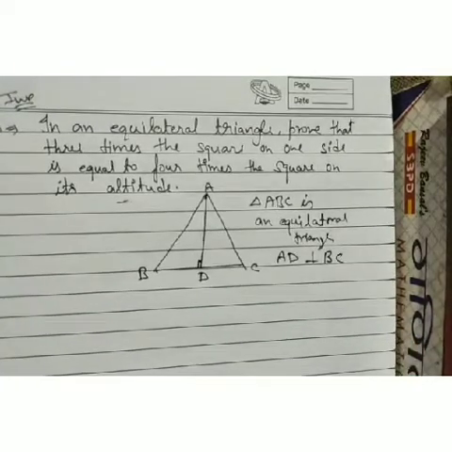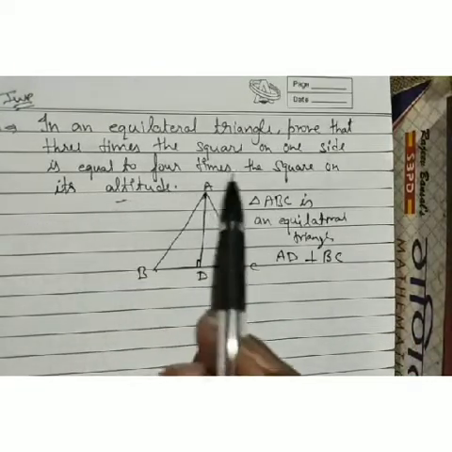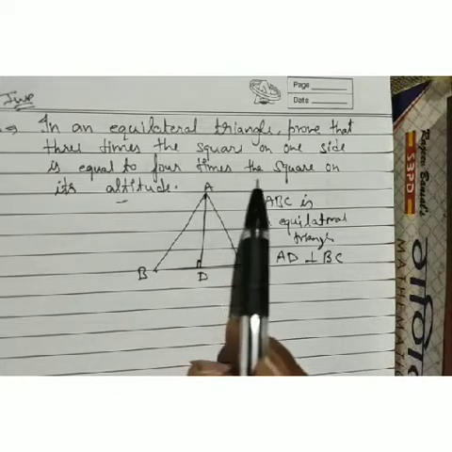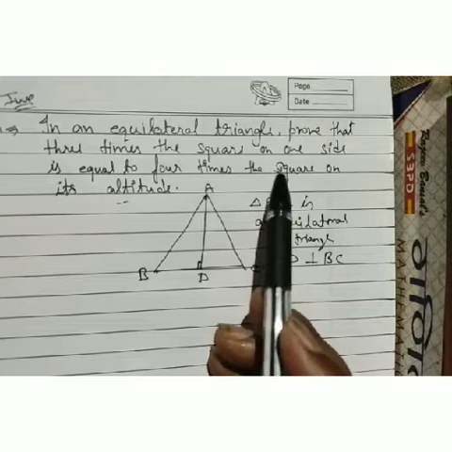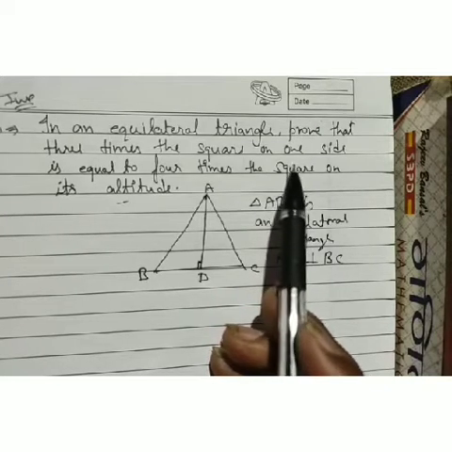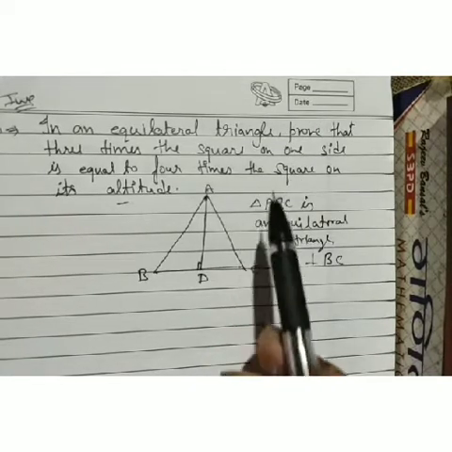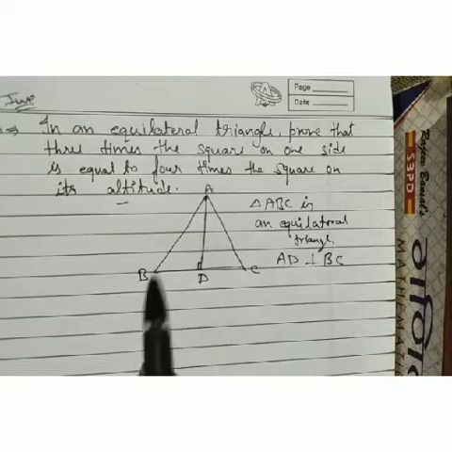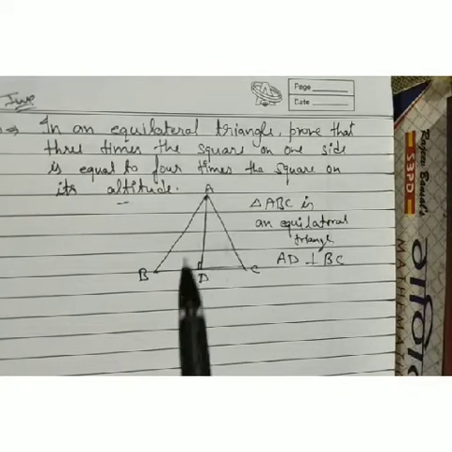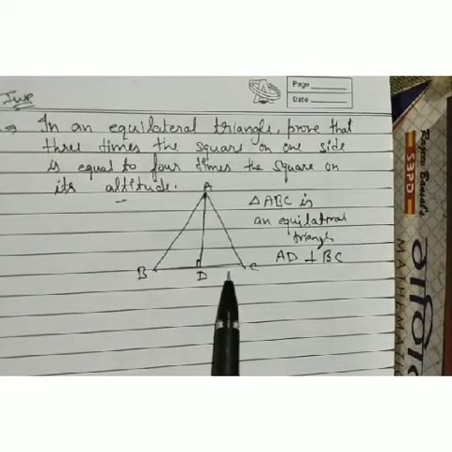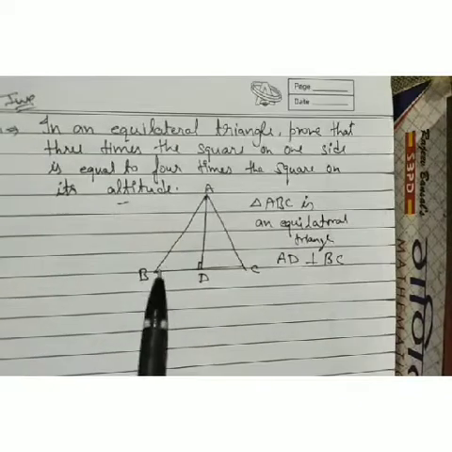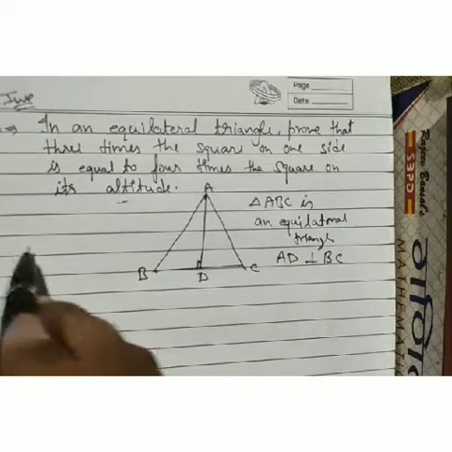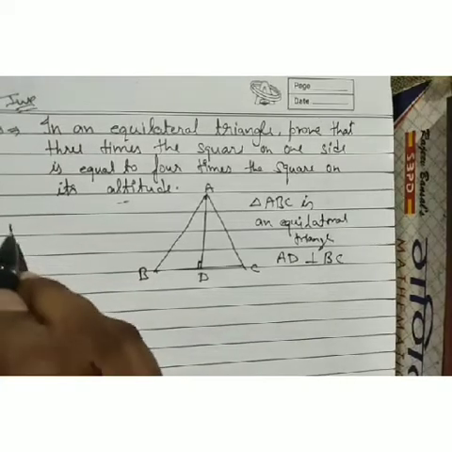Let us read the statement again: in an equilateral triangle, 3 times the square on one side is equal to 4 times the square on its altitude. It means if we take any side, suppose we take BC, then we need to prove it.